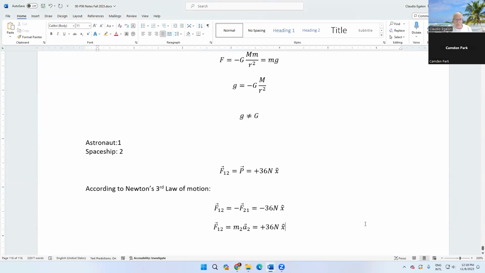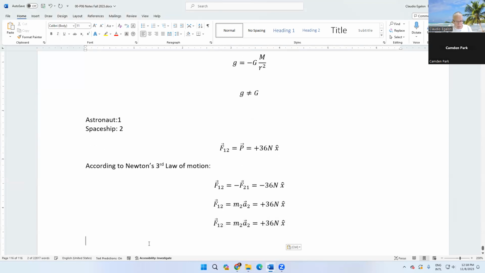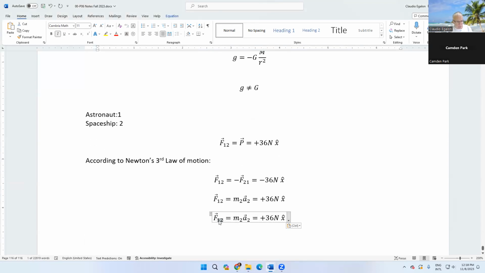And now, force of 2 applied to 1 is mass of 1 times acceleration of 1, and this net force is going to be minus 36 newtons. Then you have those two equations.